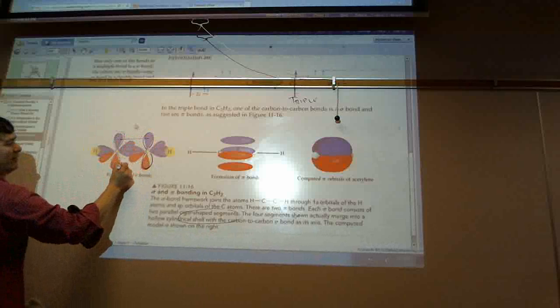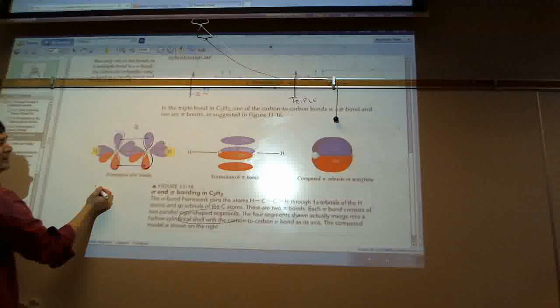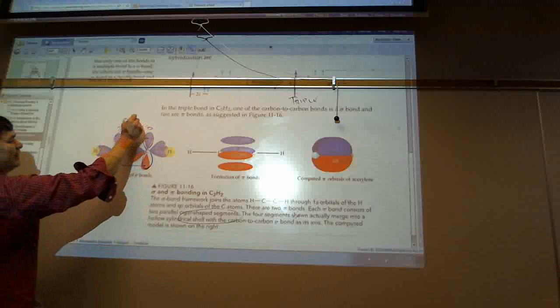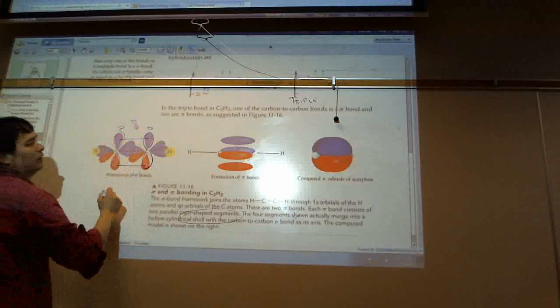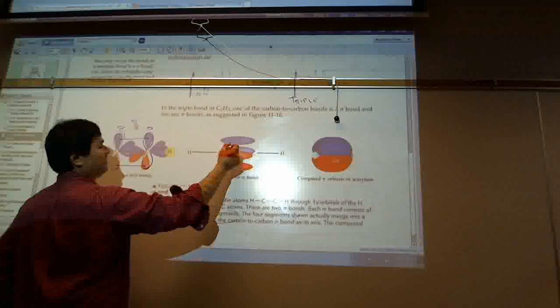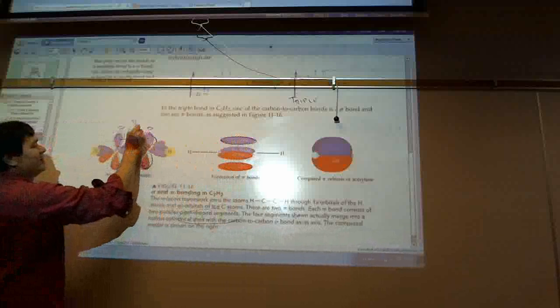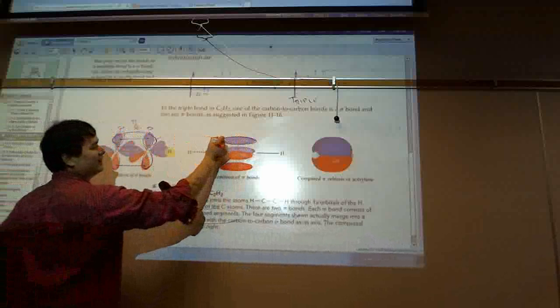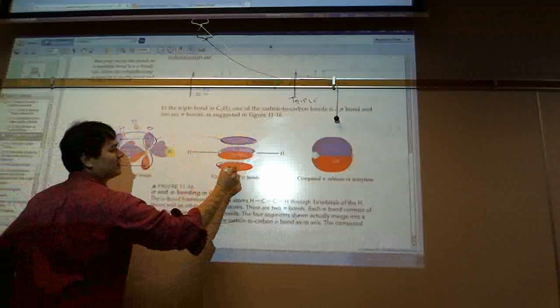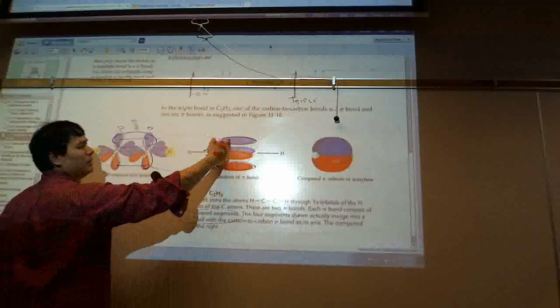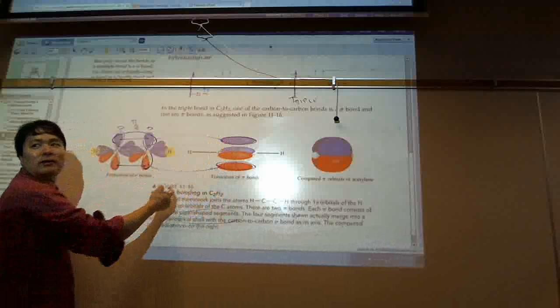And so the purple overlaps here. So this would be a pp pi bond. This is shown here. This is the upper overlap, and this is the lower overlap shown here. And so we have one pp pi bond there.